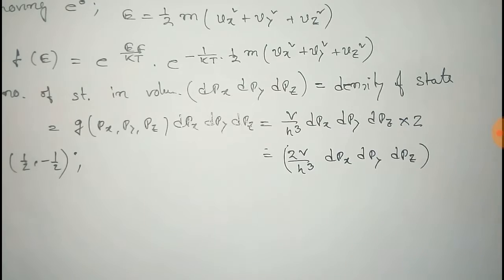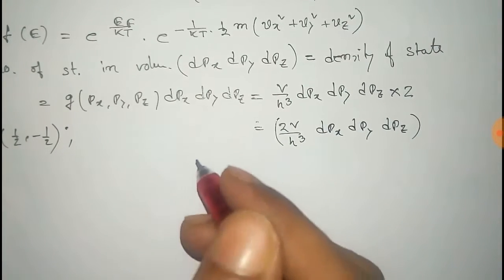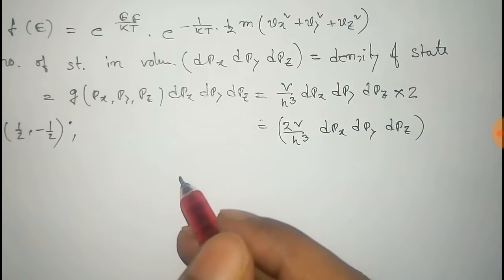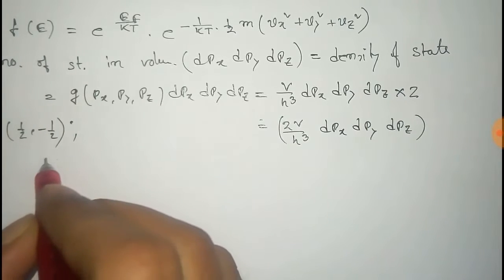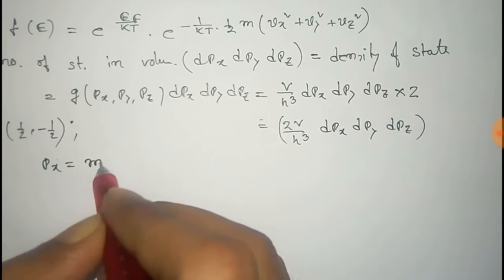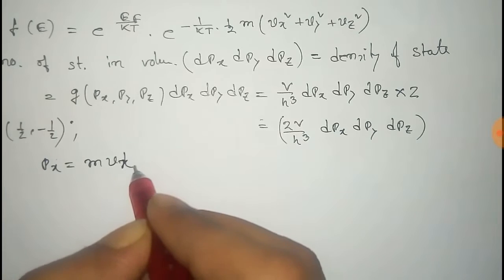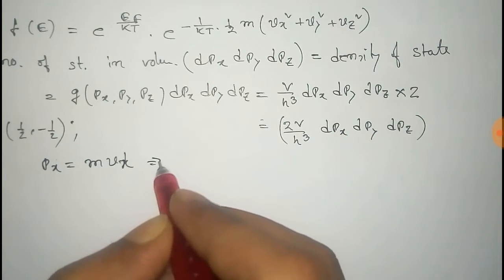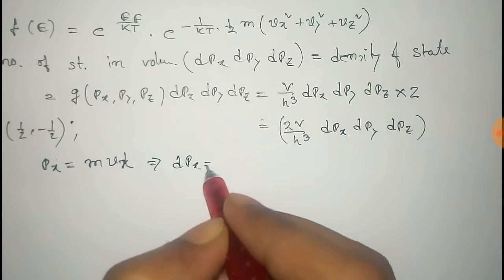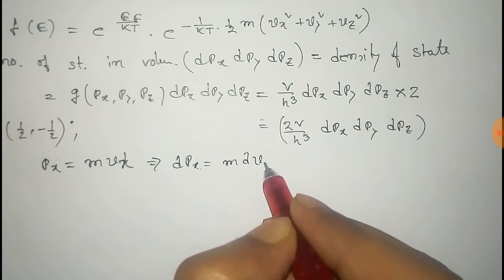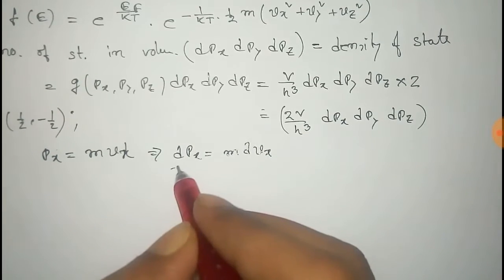Thus we get the density of states. Now we consider that px is equal to m vx, that's mass into velocity, so differentiating that we get dpx equal to m into dvx.